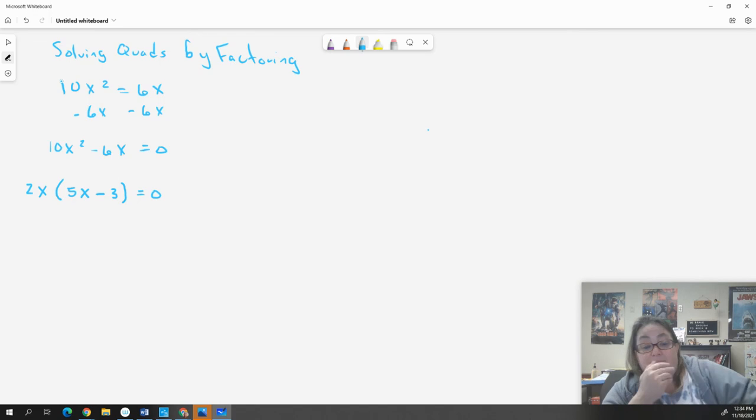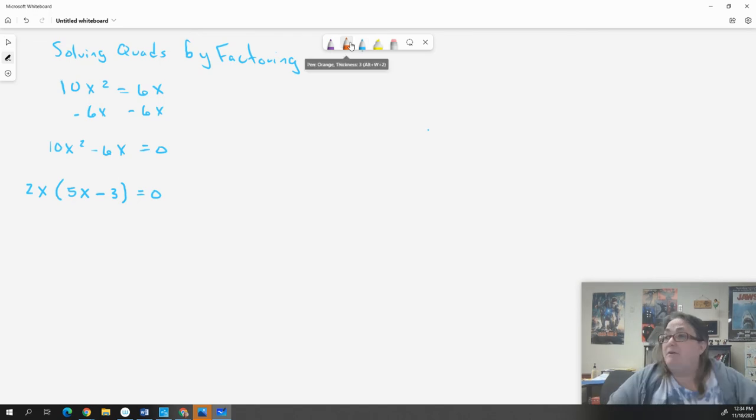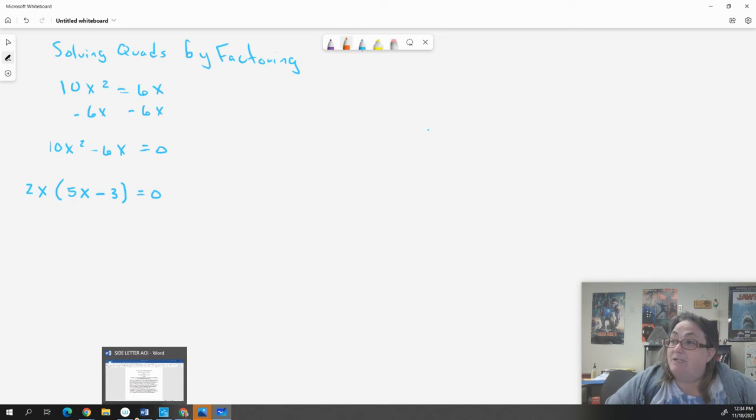And if you look at this right here, we are saying that this 2x is being multiplied by whatever this quantity is, right? So if this right here equals 0, the whole thing equals 0, right?